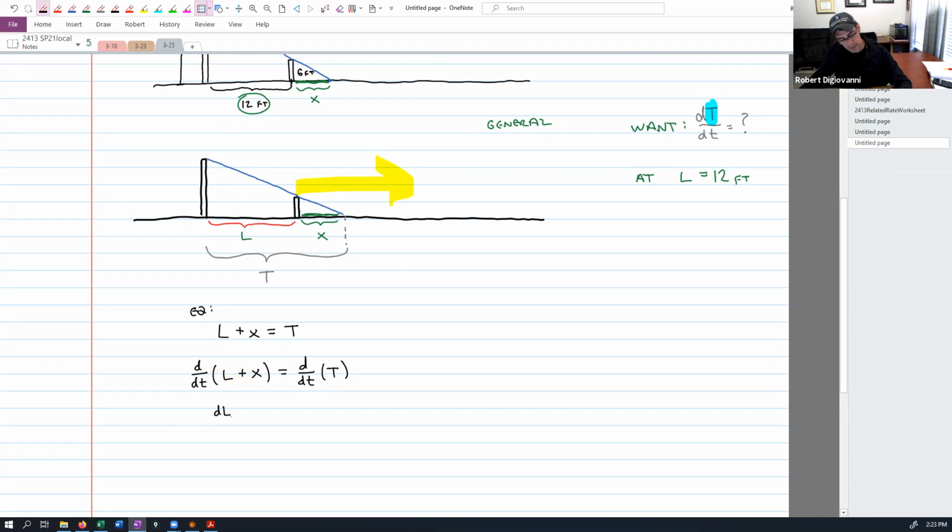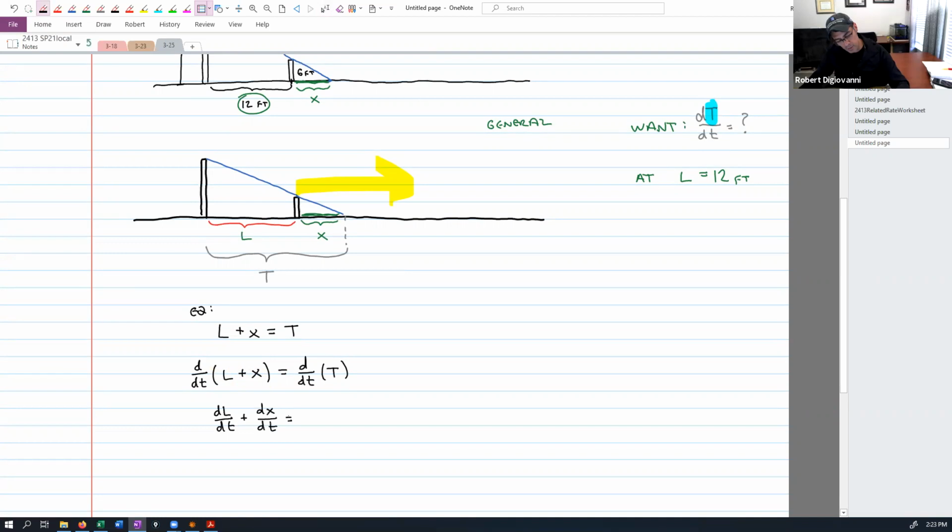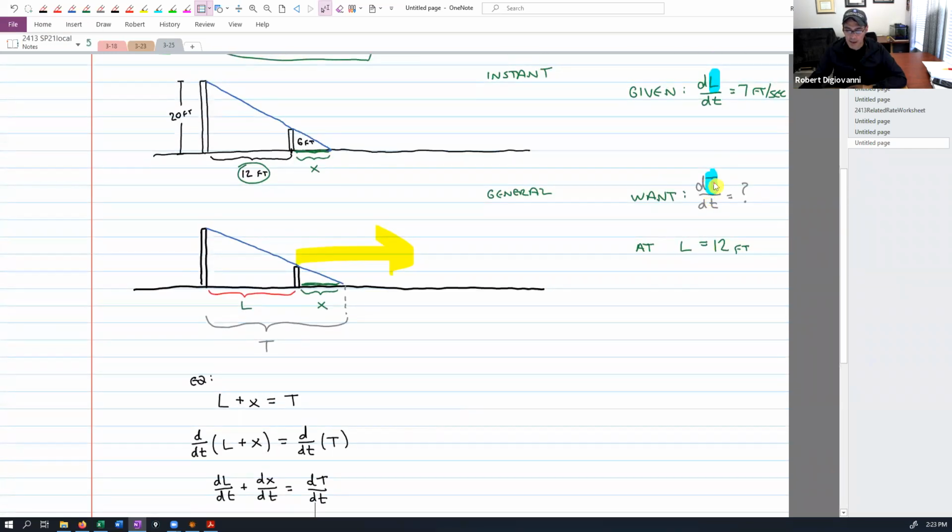So dL/dt plus dx/dt equals dT/dt. Do you agree with that? Now, are we happy to see this? dT/dt, do we have that? We have it right here, right? Good. dL/dt, do we have that? Yeah, I'm happy to see that.